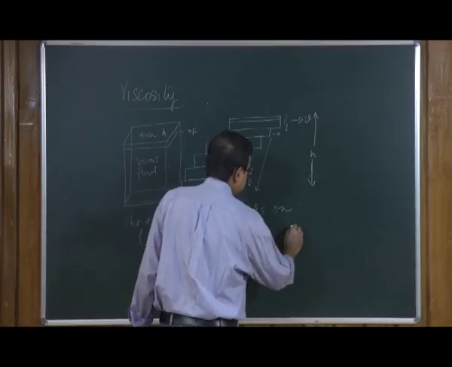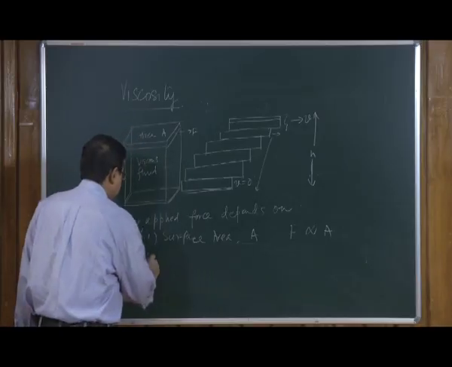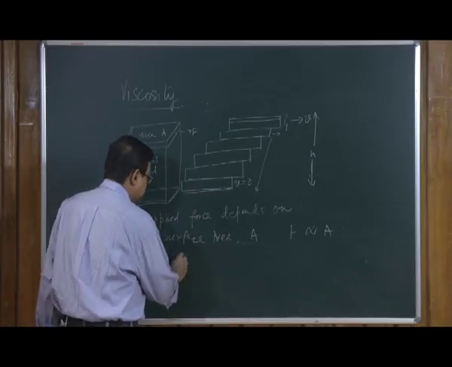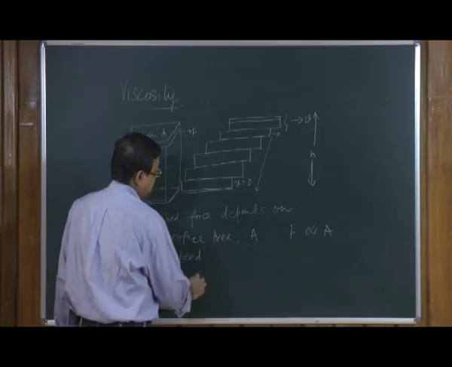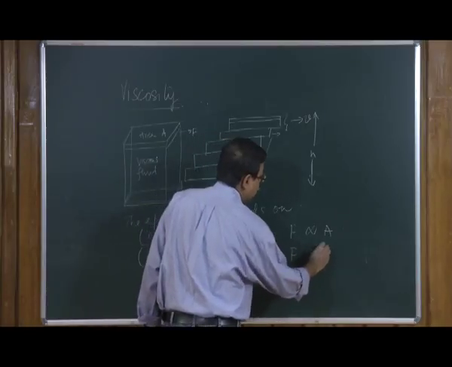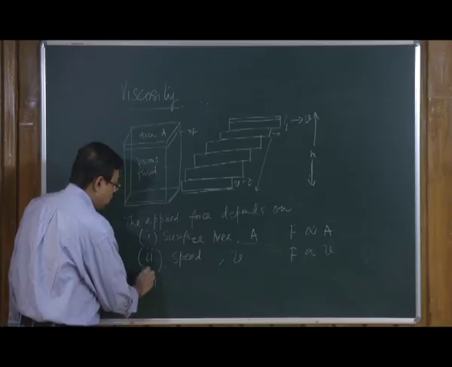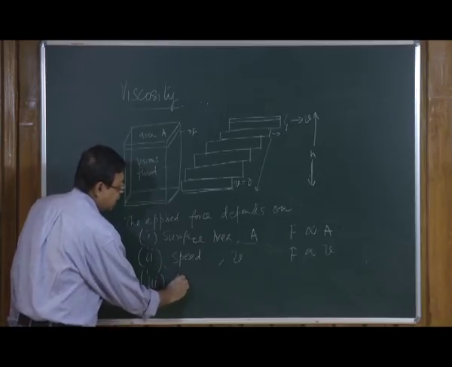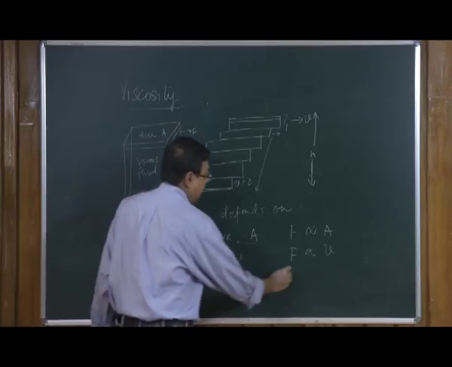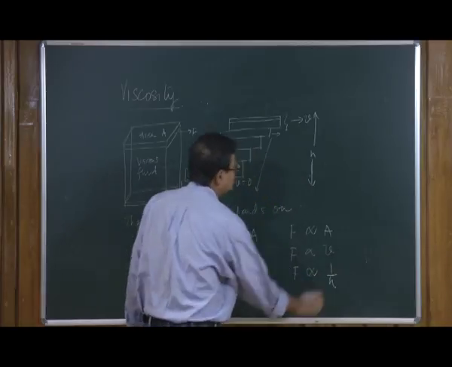It is a direct proportionality, F is proportional to A. It also depends on the speed V, and F is proportional to V. And finally, it also depends upon this height h, and F is in fact inversely proportional to h.